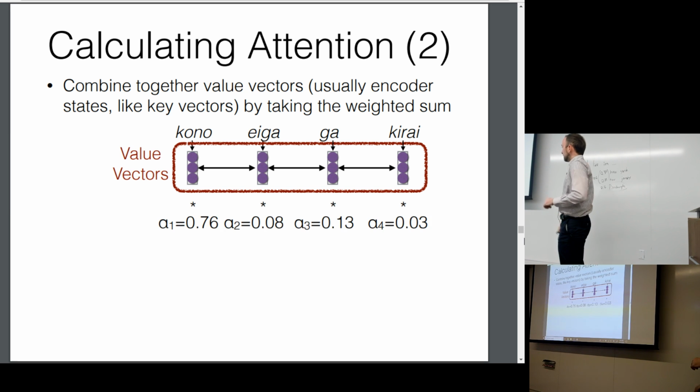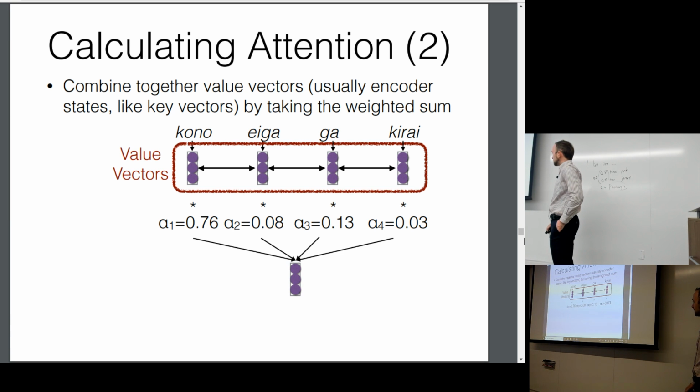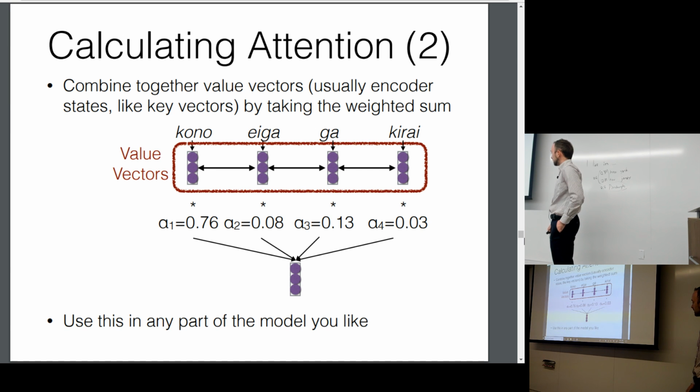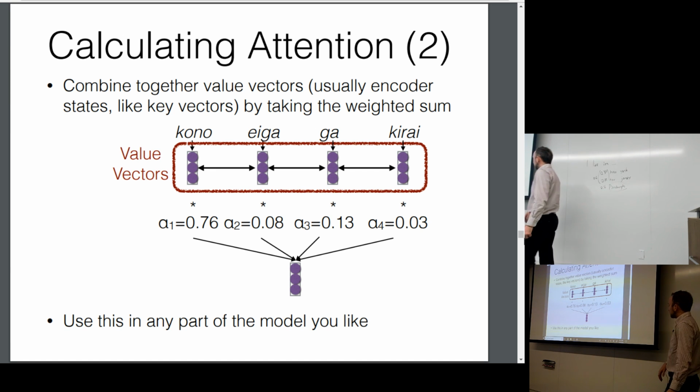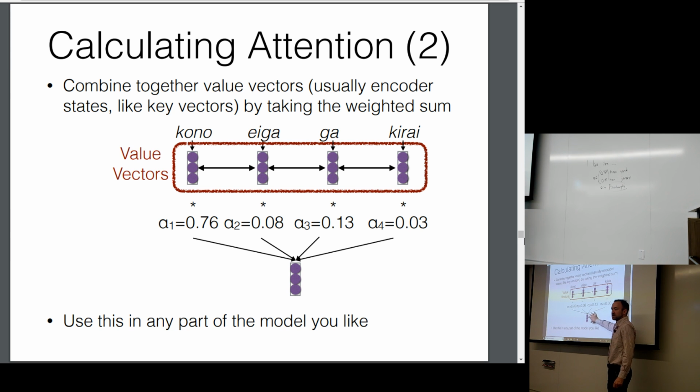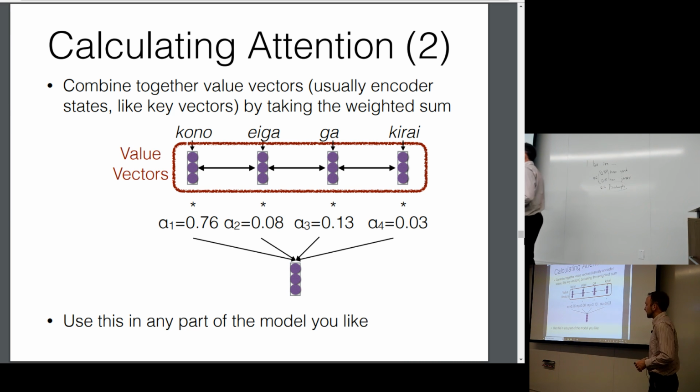We take these value vectors, and we multiply each of them by this and take the weighted sum and turn this into a single vector. So what this is doing is it's basically saying, look at all the source, figure out which parts of the source were important. In this case, we assume that this part of the source is the most important because it has the highest weight. And then we use this to calculate the probability of the next word.